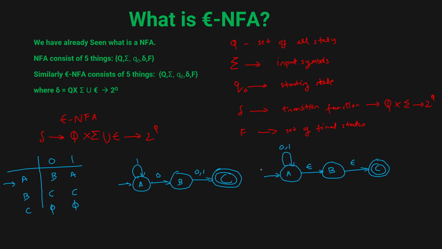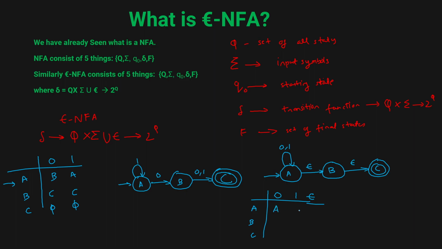Now in our E-NFA, we also have a new input, that is no input. So over here let's draw it. We have states A, B and C, and we have 0, 1 and epsilon, that is no input. In state A, if you get input 0 and 1, you go to state A itself.